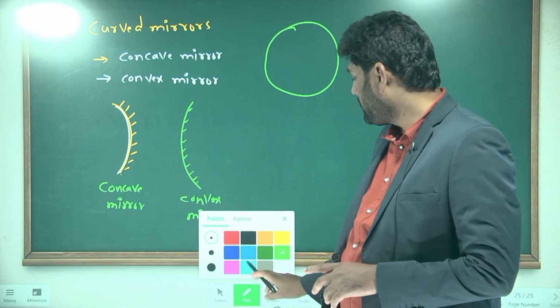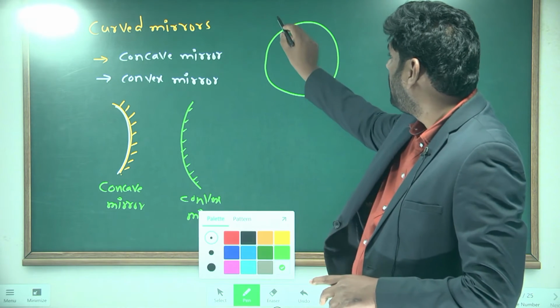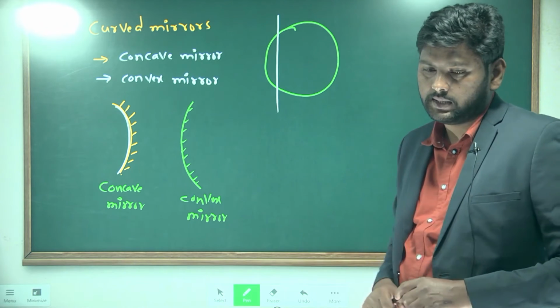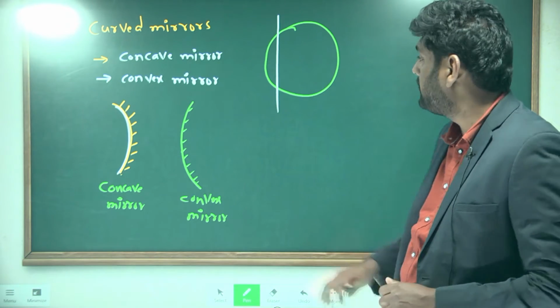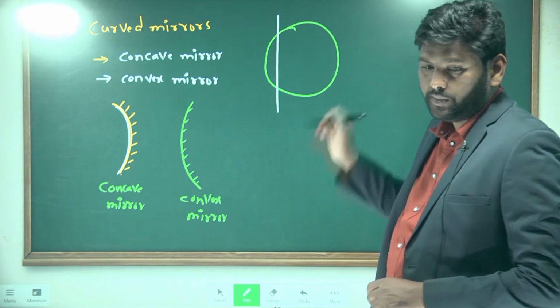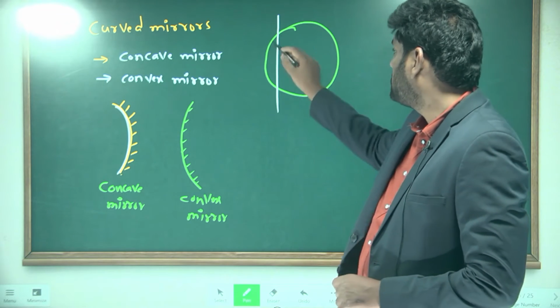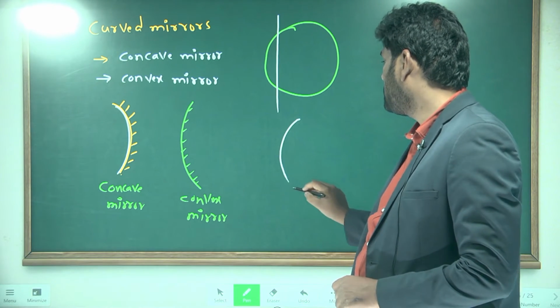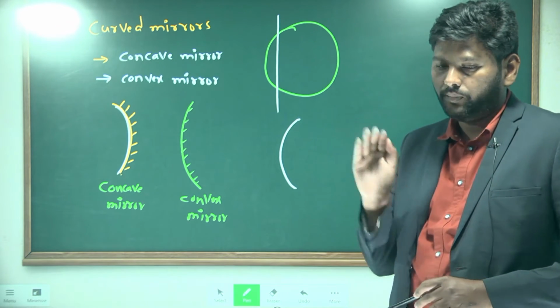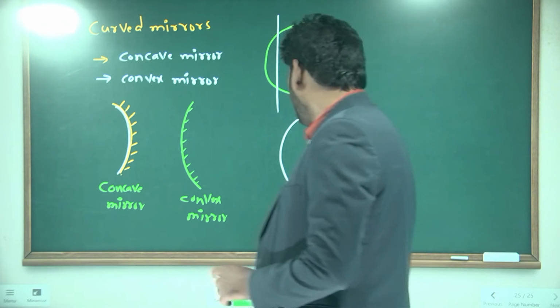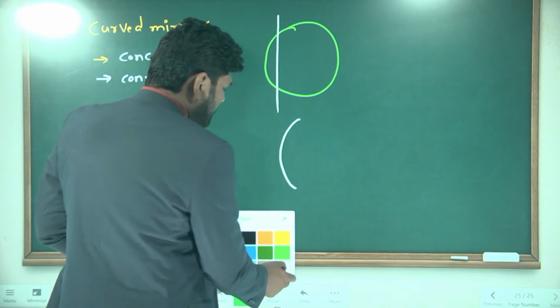If you cut this part of the hollow spherical surface, then this piece appears like a curve.